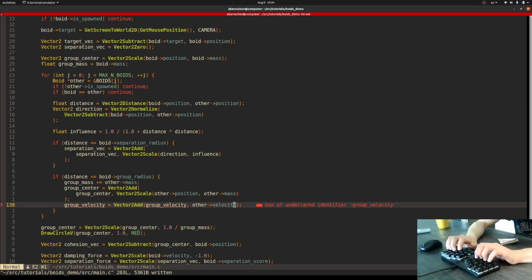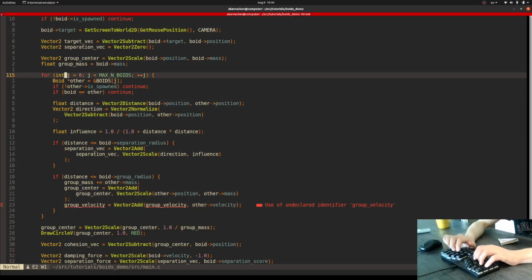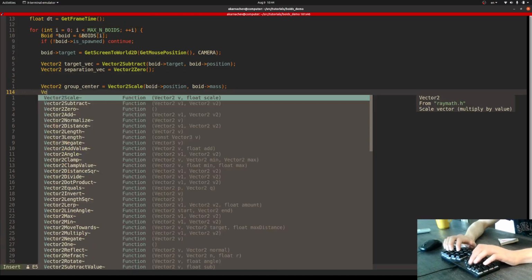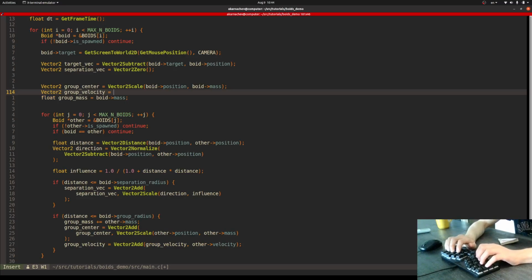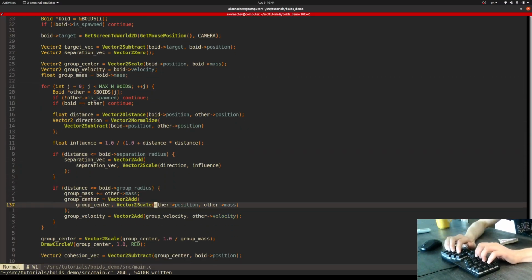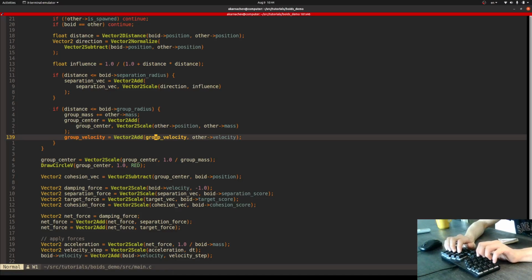Let me define it, group center, group mass, vector 2 group velocity is equal to, first of all, my velocity, the current Boid velocity, and after that we add all other velocities in the group to this vector, group velocity, other velocity, yeah.